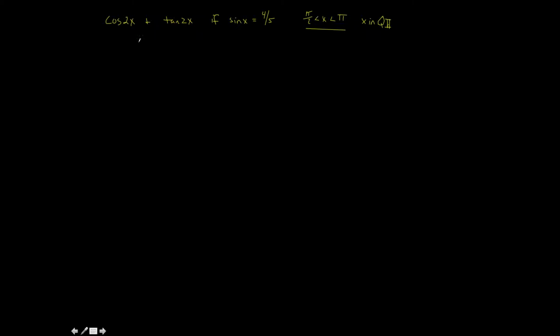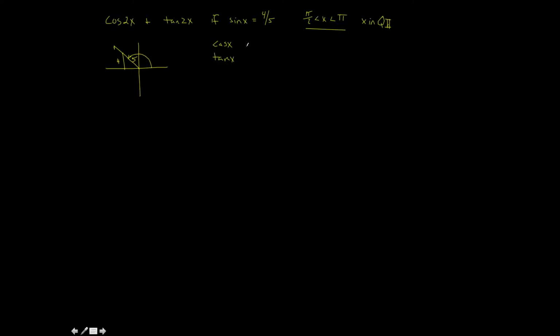So what I'm going to do is draw my reference angle. My reference angle looks like this. And I have sine is opposite over hypotenuse, so that's 4 over 5. So we need to find A. Now, why do I need to do that? Because first things first, I'm going to find cosine and I'm going to find tangent.